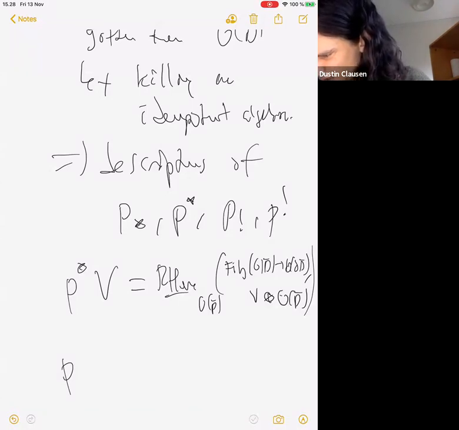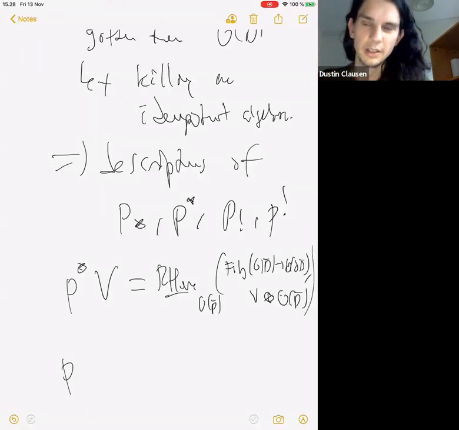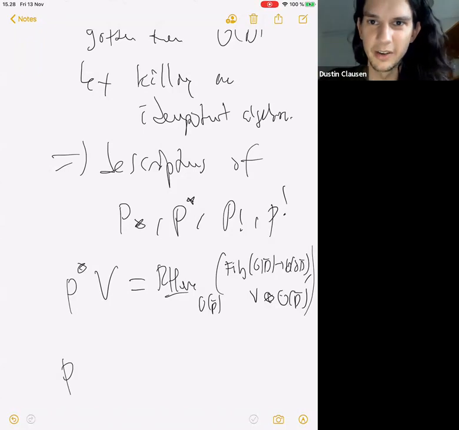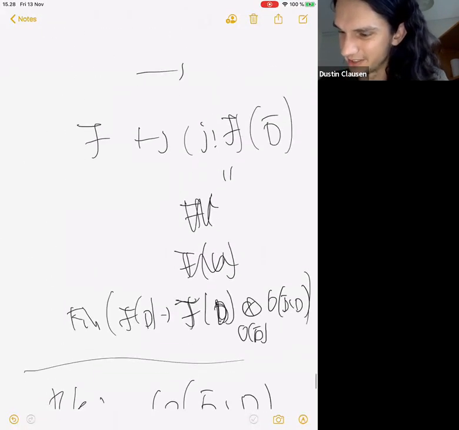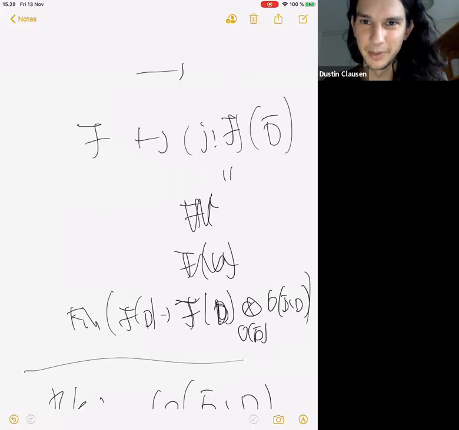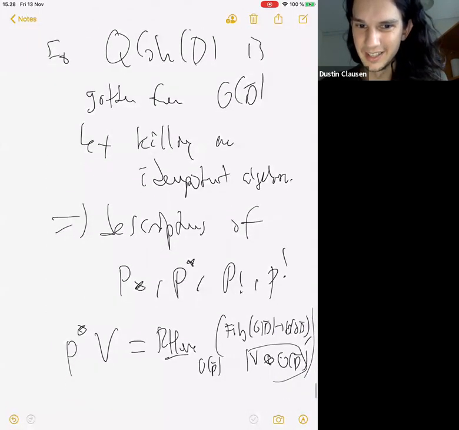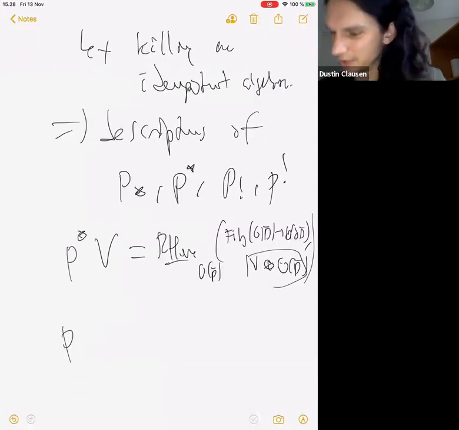But that's not actually in this category, so I have to put it there. The question was how you write that down. You want it to just be this, but that doesn't live in this full subcategory, so then you have to take this cone again, this fiber again. Okay, so I wasn't supposed to do the R-hom there.